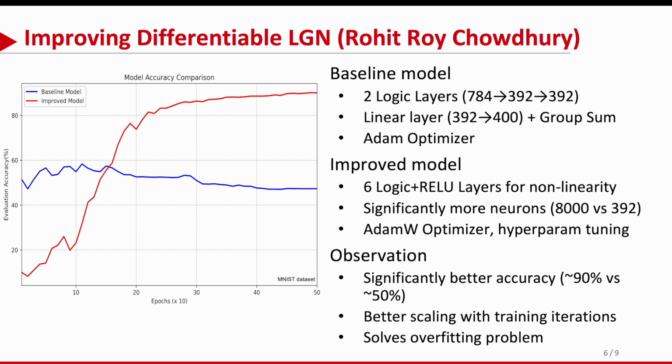And notice how the improved model keeps learning without any signs of overfitting, unlike the baseline, which either plateaus or actually gets worse over time. This case really demonstrates how architectural choices can make or break performance, even on a relatively simple dataset like MNIST. Now Johnny will present how he has improved the baseline architecture of the paper, which is actually very interesting.